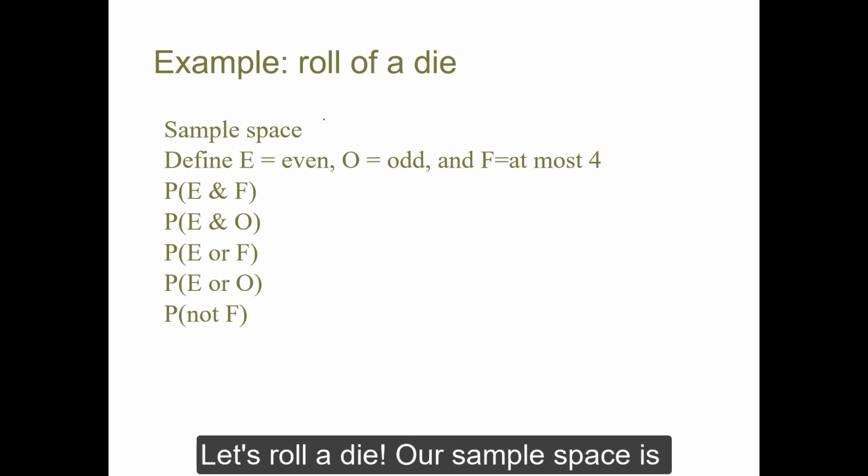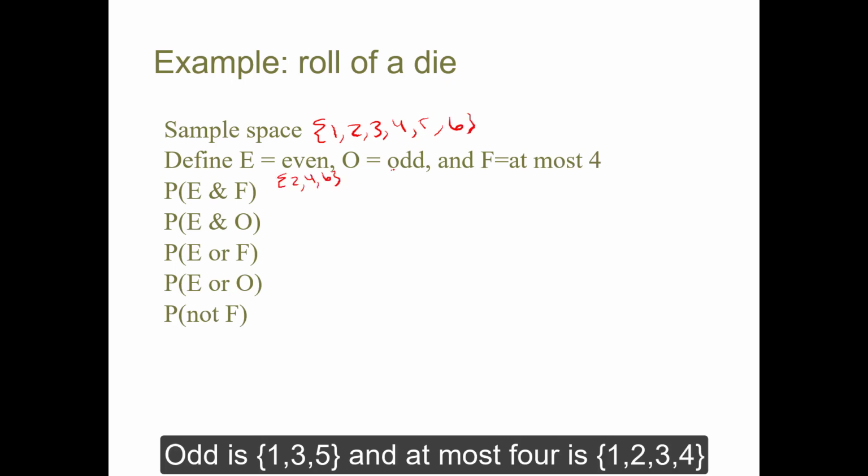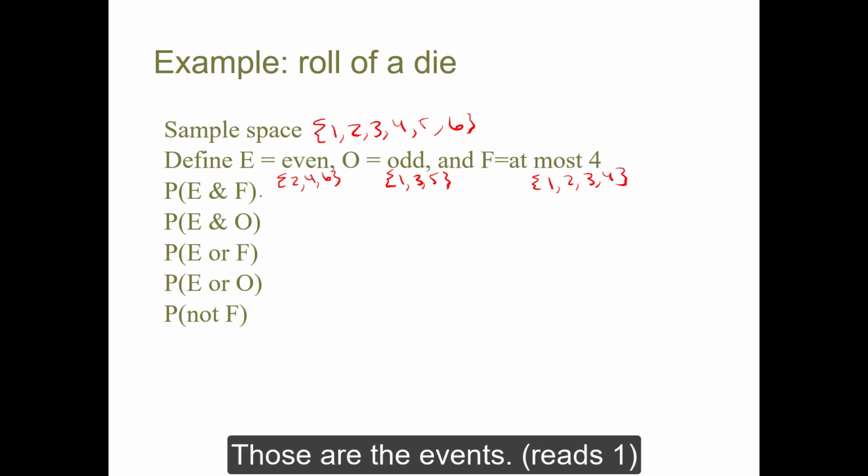Let's roll a die. Our sample space is 1, 2, 3, 4, 5, and 6. Even will be 2, 4, 6. Odd, 1, 3, 5. And at most 4 would be 1, 2, 3, 4. So those are the events. I want to know the probability of being even and at most 4.